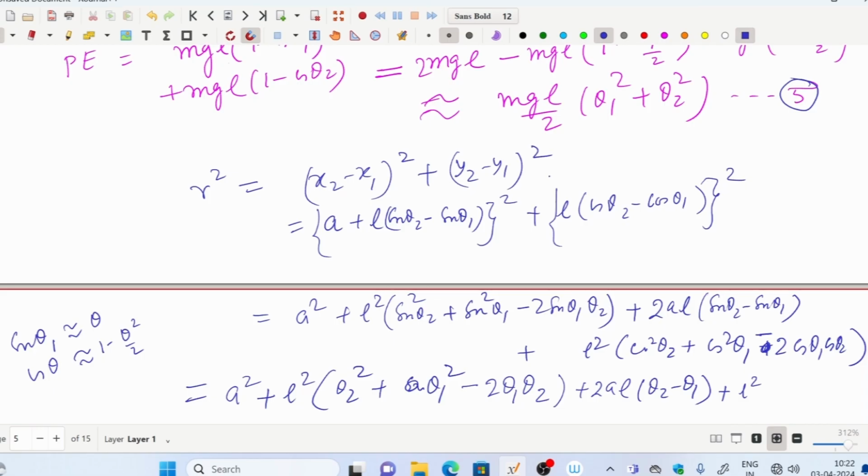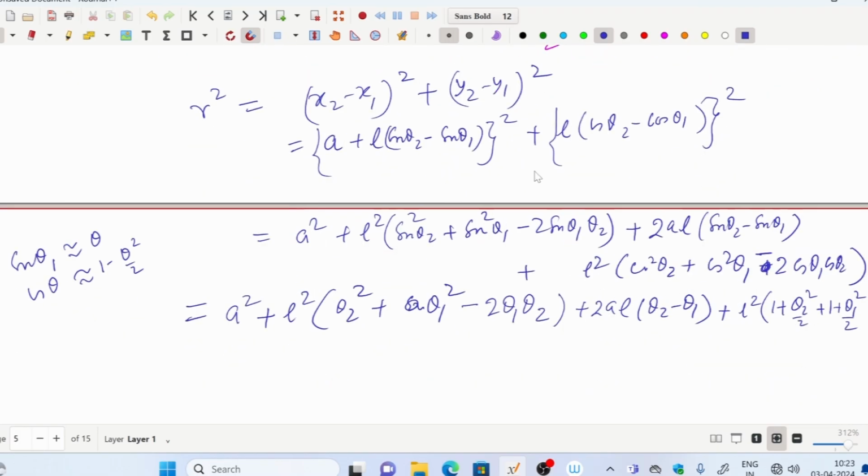This will be L square times 1 plus theta 2 square by 2 plus 1 plus theta 1 square by 2, and then minus 2 times 1 minus theta 1 square by 2 into 1 minus theta 2 square by 2.